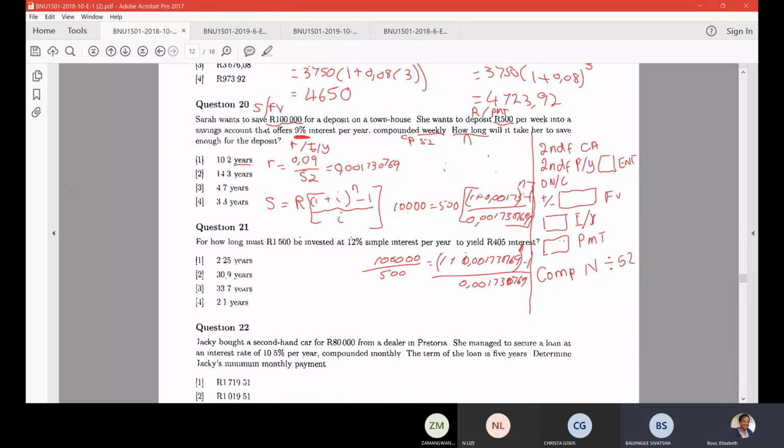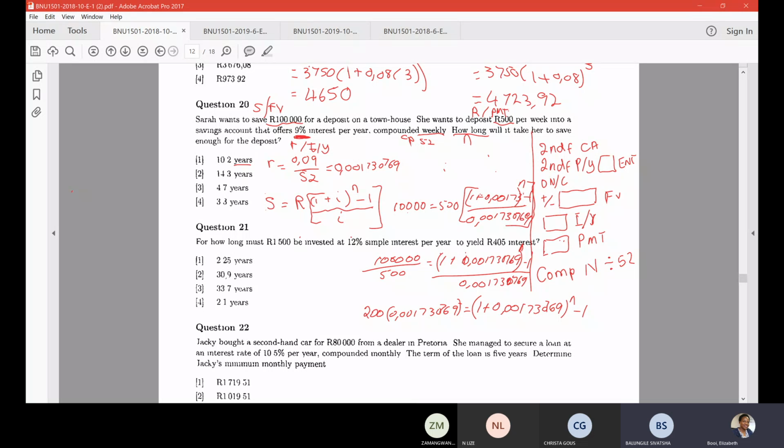That will be 100,000 divided by 500, which is 200, and we can multiply by the one at the bottom, multiply the answer with 0.001730769, equals everything that is at the top, which is 1 plus 0.001730769 to the power N minus 1.